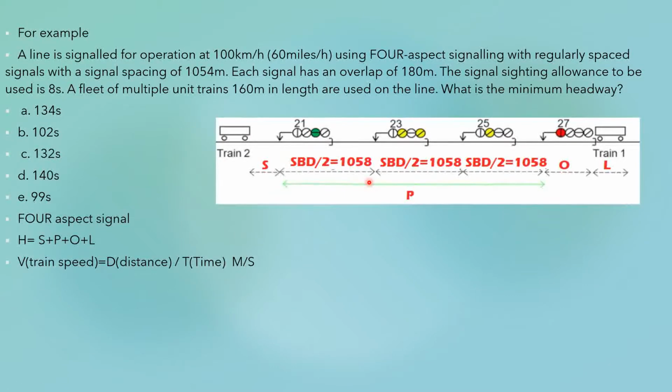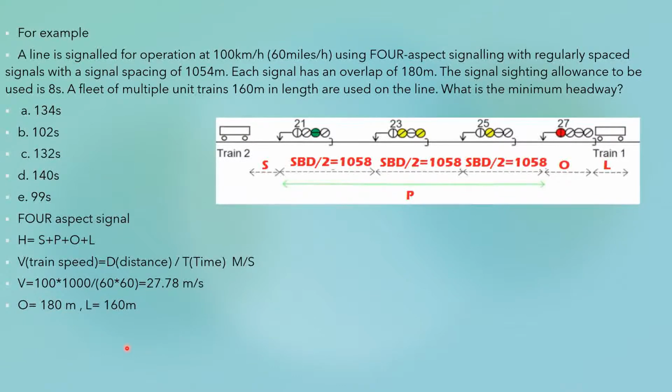V is the train speed, equal to D distance divided by time, meters per second. V here is 100 km per hour, so we have to convert it to meters per second, so it equals 27.78 meters per second. O is the overlap, 180 meters.